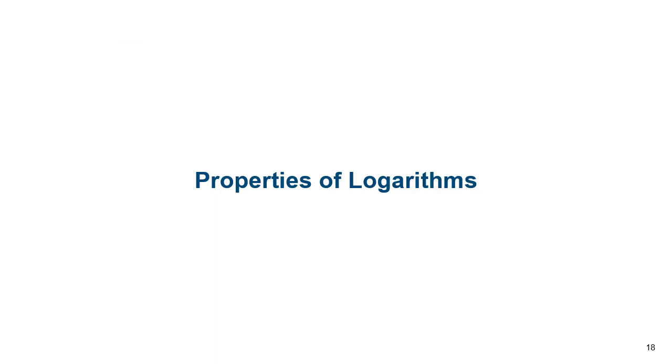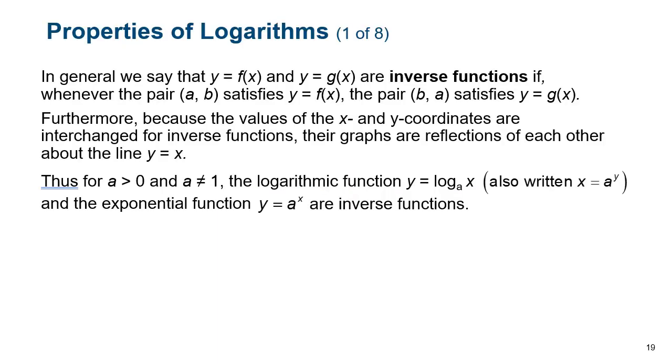Okay, how about some properties of logarithms? Well, we already kind of discussed these. We know that if y equals f of x and y equals g of x are inverse functions, whenever a pair (a, b) satisfies y equals f of x, then the switched pair (b, a) has to satisfy y equals g of x. Furthermore, because the x and y coordinates are interchanged for inverse functions, their graphs are reflections of each other about the line y equals x.